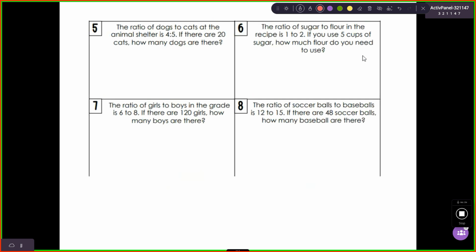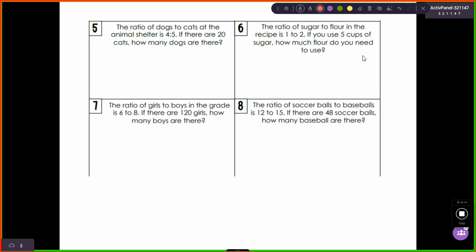So looking at 5, automatically I see a ratio story, and I'm automatically going to know I need to use a ratio table. The ratio of dogs to cats at the animal shelter is 4 to 5. If there are 20 cats, how many dogs are there?